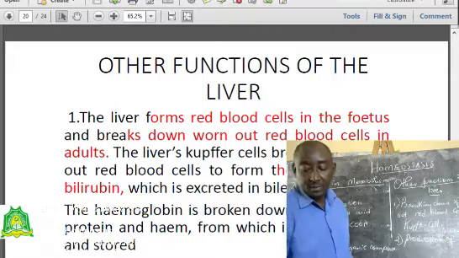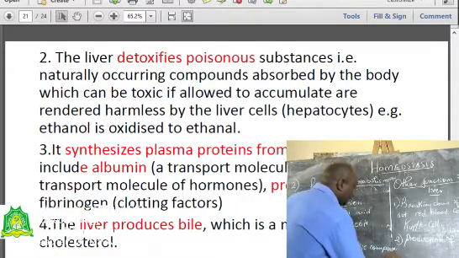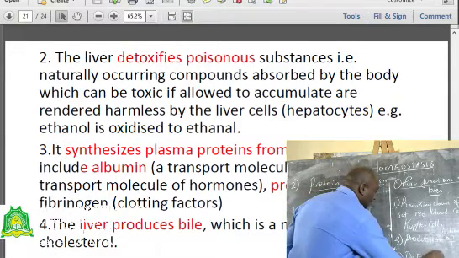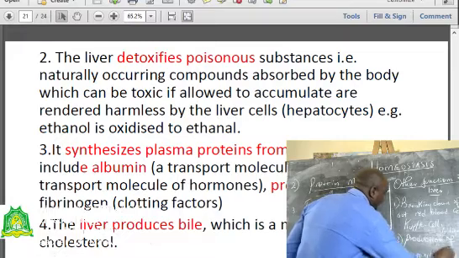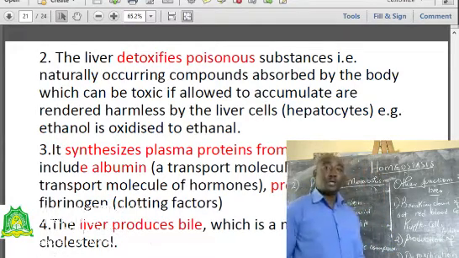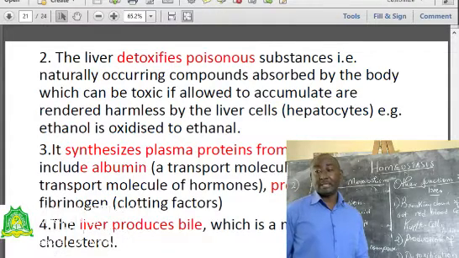Also, we have other functions which involve detoxification. Talk about number 3, detoxification. Dear learner, to detoxify means to break down a poisonous material into one which is harmless. And how is this one possible?